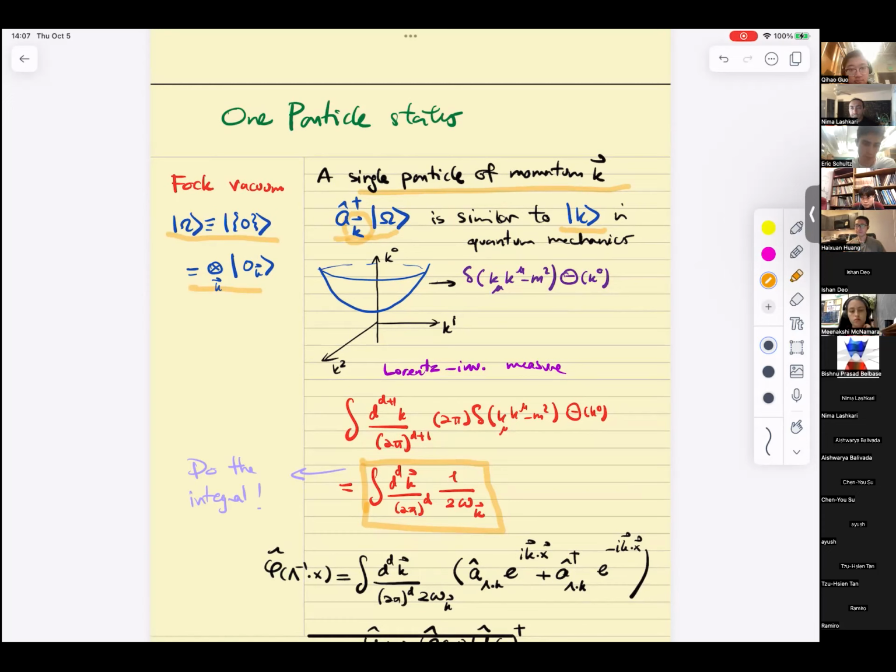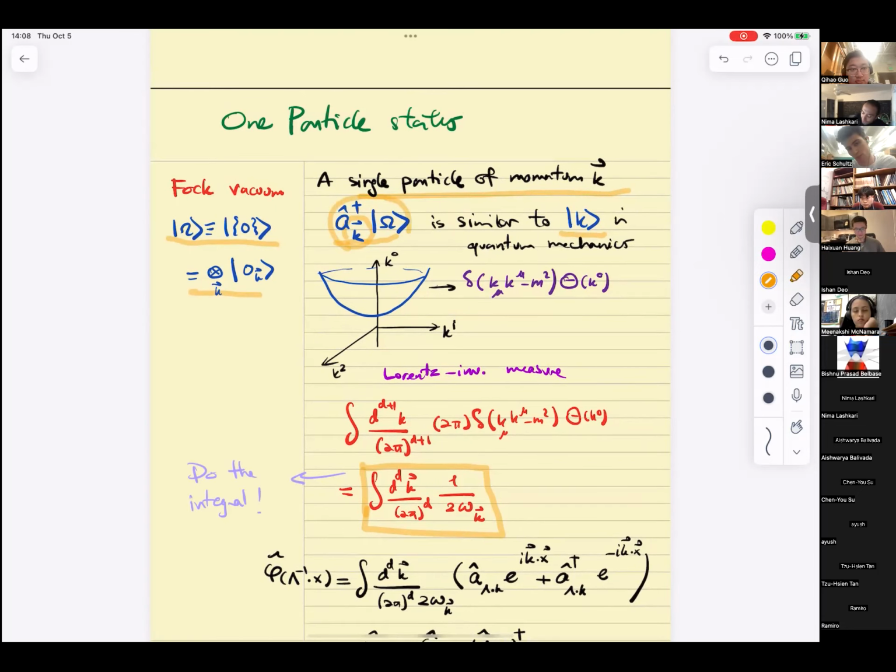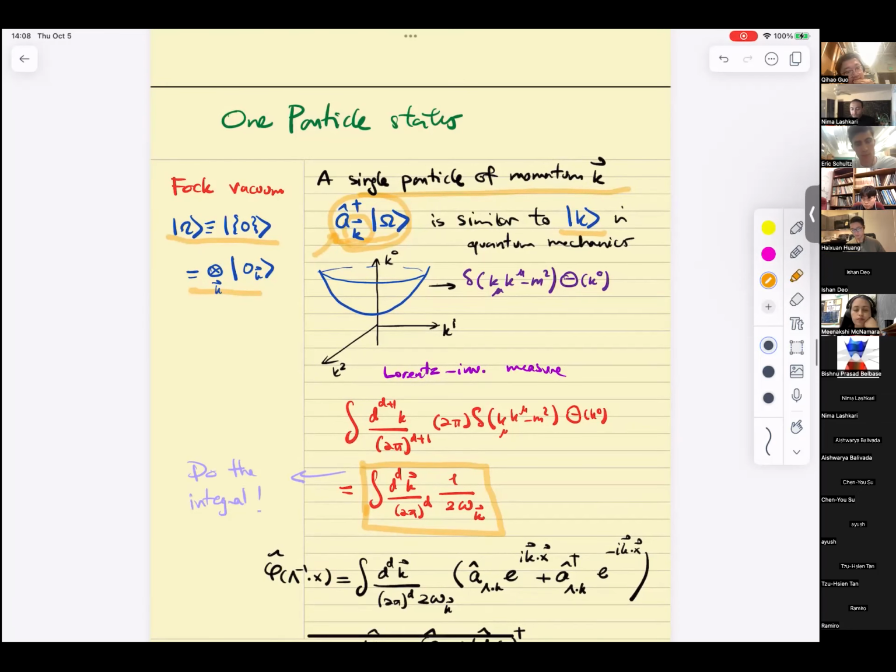So the Hilbert space of single particle quantum mechanics is a superposition of these A dagger k's, only with one insertion, but different k. Now, we said in the previous lecture that if you have a massive particle, k cannot take arbitrary values.